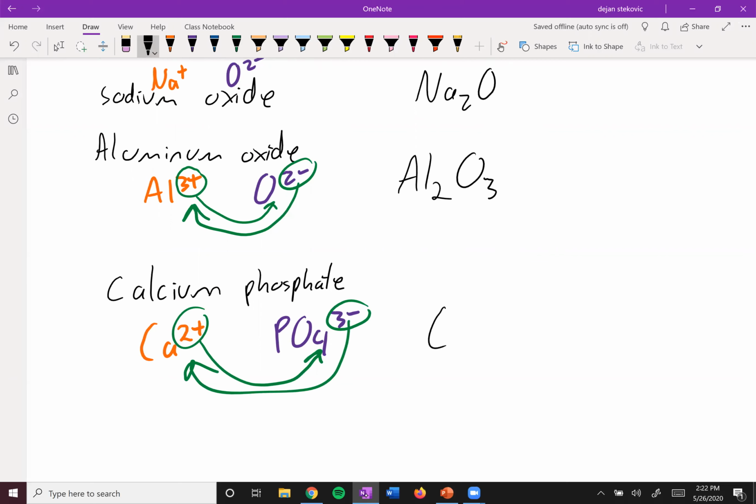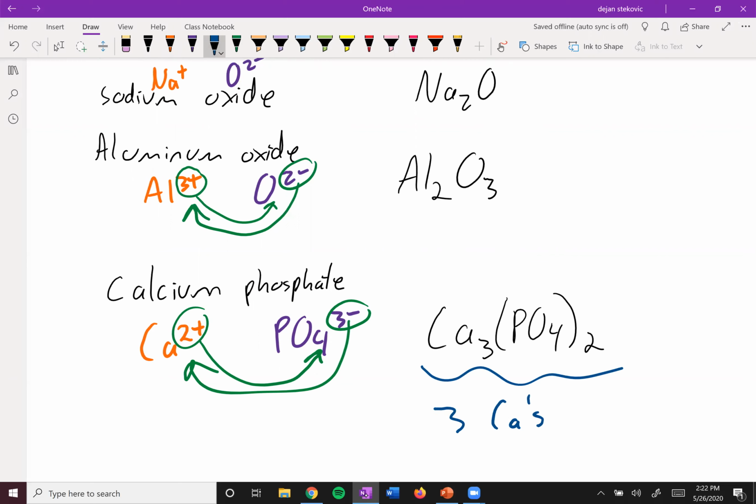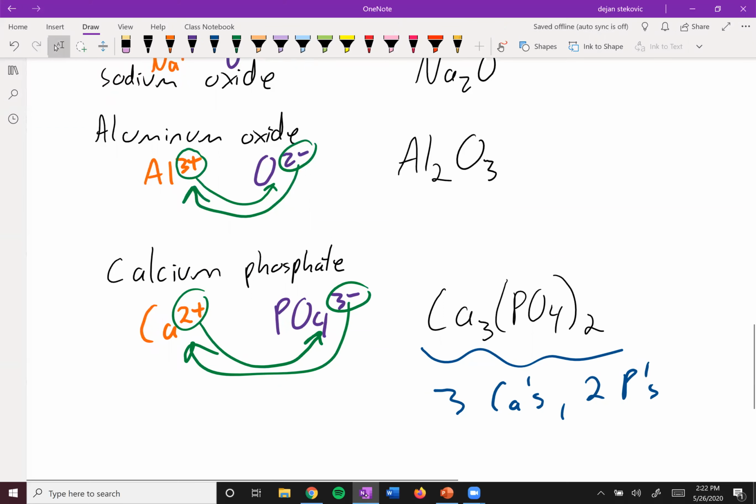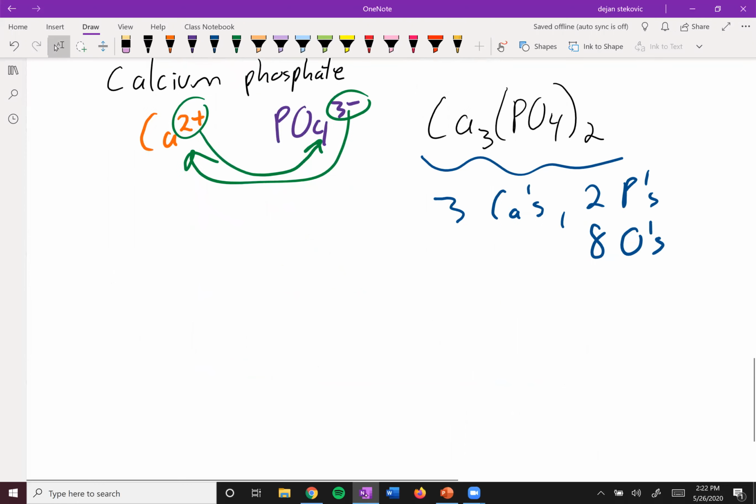So there's going to be 3 calciums, and then since the phosphate is all one polyatomic ion, we have to put parentheses around the PO4, and then there's going to be 2 of them. So overall, in this formula, we have 3 calciums, 2 phosphoruses, and 8 oxygens. Make sure you understand that and make sure you understand this notation.